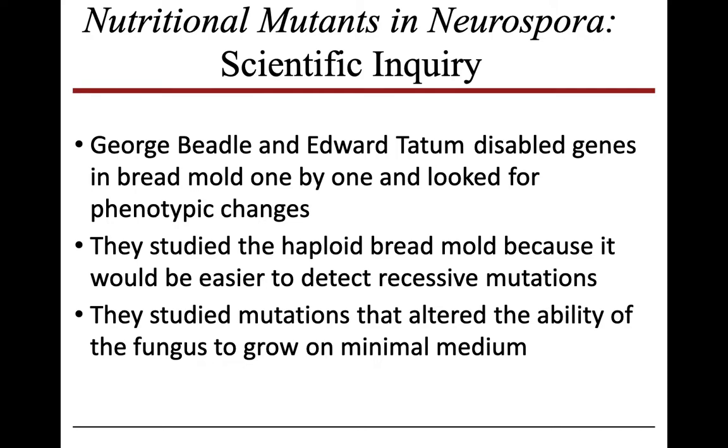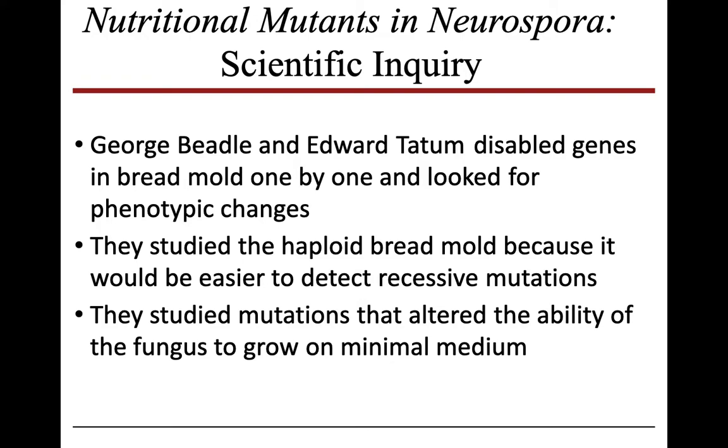All of this science is based off of a lot of discoveries in the past 200 years, and one of those discoveries was Beadle and Tatum working with bread molds, where they disabled genes and looked for phenotypic changes within those molds. They studied the haploid bread mold because it would be easier for them to detect either recessive mutations or differences in alleles.